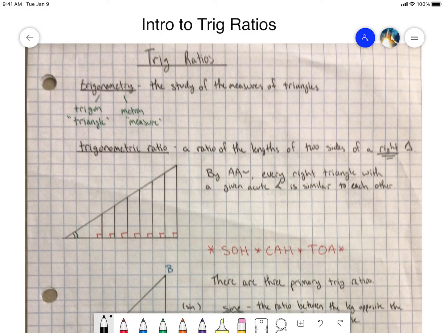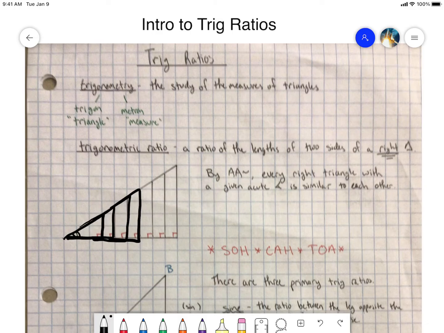If I extend two of the sides and keep the angles the same, any one of these bigger triangles that are now created are all going to be similar, by angle-angle similarity, because they're all using this angle here, and they all have a right angle. So essentially all right triangles with the same degree measures are similar, which means that their ratios are always going to be the exact same.